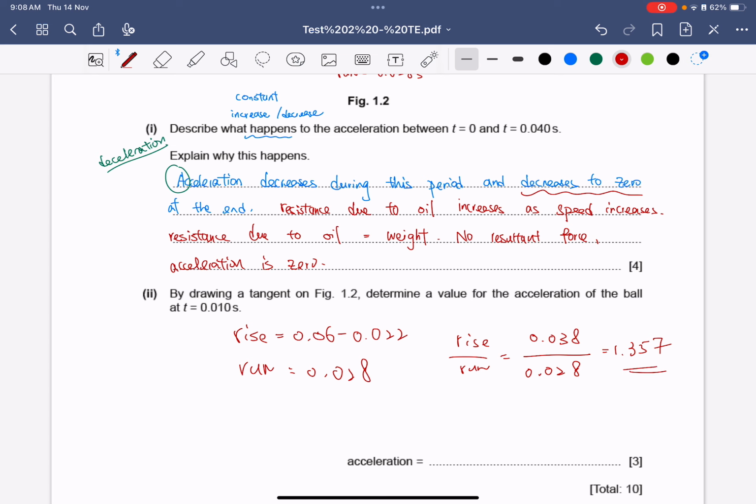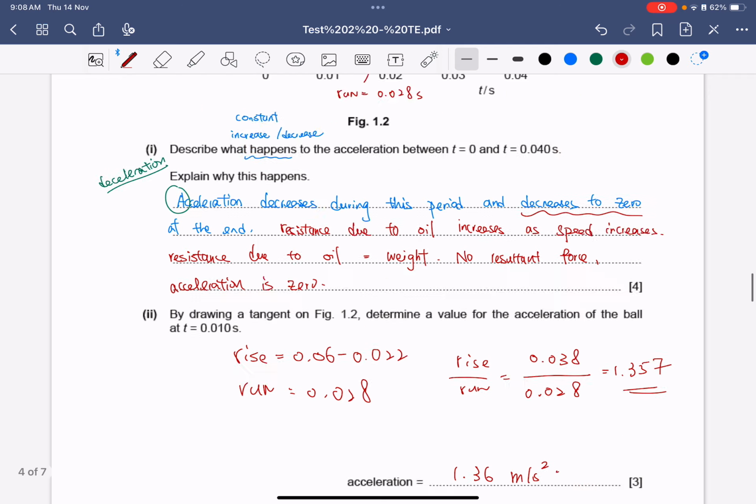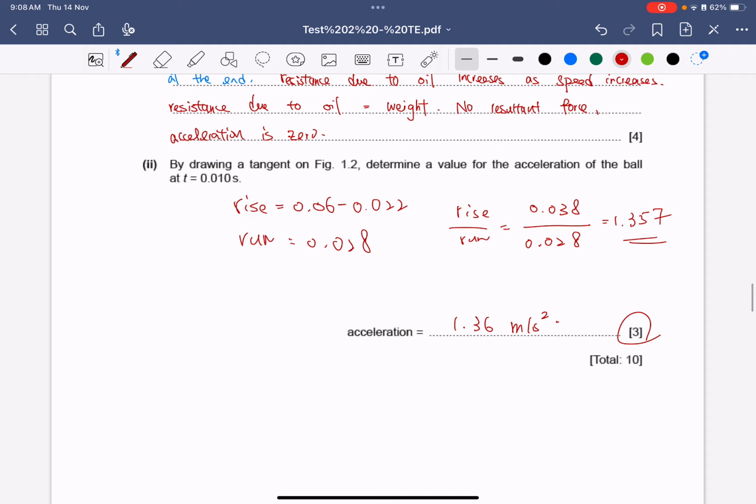Now your answer may not be exactly what we have because different people draw different tangents. But anyway, so 1.36 meter per second squared. After doing it, why did I spend so much time? Well, it's worth it. 3 marks.